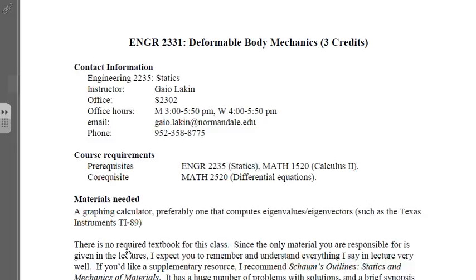Textbooks are nice references to have going forward, and I'd be happy to recommend textbooks. I always recommend Schaum's outlines. If you haven't used those in any class yet, it's a great series of books.